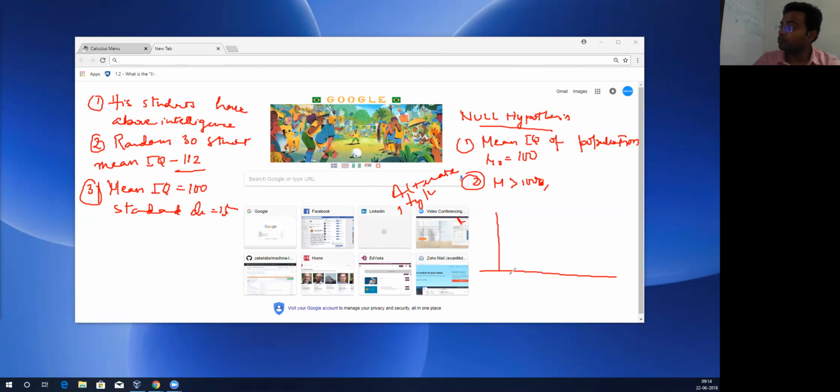So if you have to plot the distribution, let's say this is the IQ. Say this is 80, 120, so this should be 100, right?